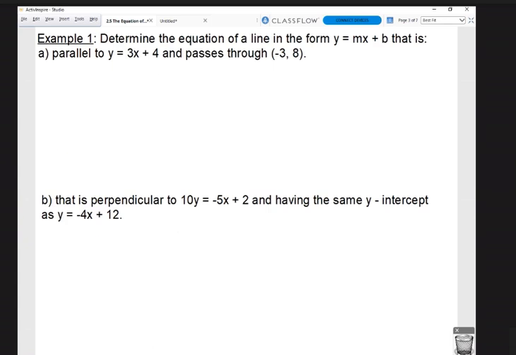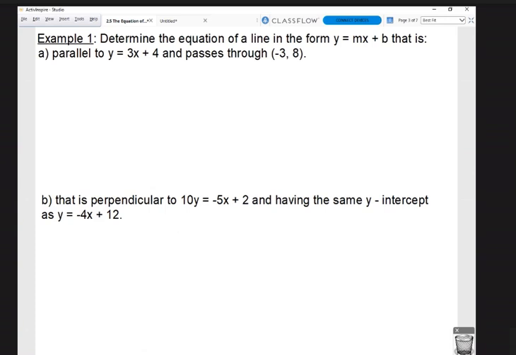So before we get rolling, we have here: determine the equation of a line in the form y equals mx plus b that's parallel to y equals 3x plus 4 and passes through negative 3, 8. So when lines are parallel to one another, what do we know about their slopes? They're the exact same. They're equal.